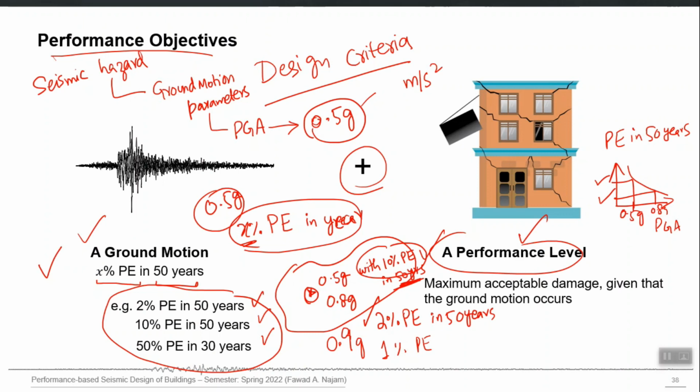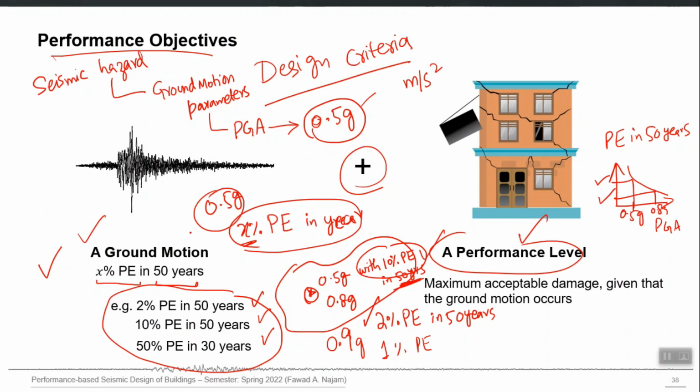Actually, different guidelines of performance based design guide us about what levels of ground motions should be used for PBD for different kinds of structures. For example, for buildings, there are 3 different ground motion levels which you run the analysis for.